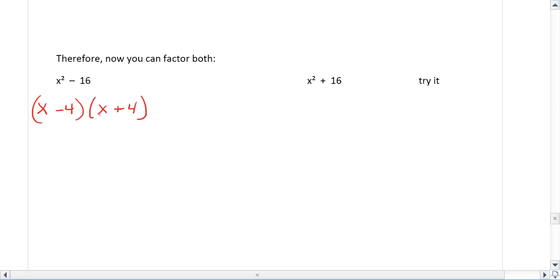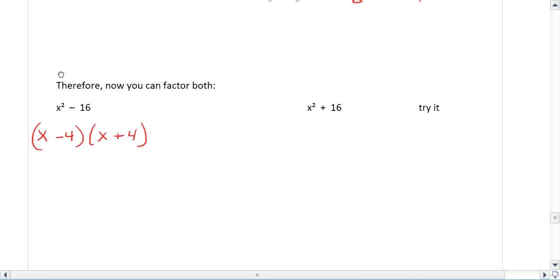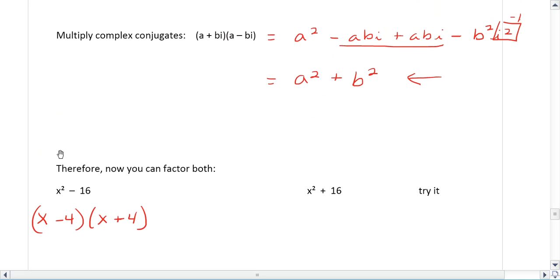And we learned that a long time ago in Algebra 1, no big deal. But now, when we have x squared plus 16, now we can factor this, because it's a perfect square plus a perfect square, which is what we have here. And let's just take a look at what it's going to look like. This is going to factor into two complex conjugates.